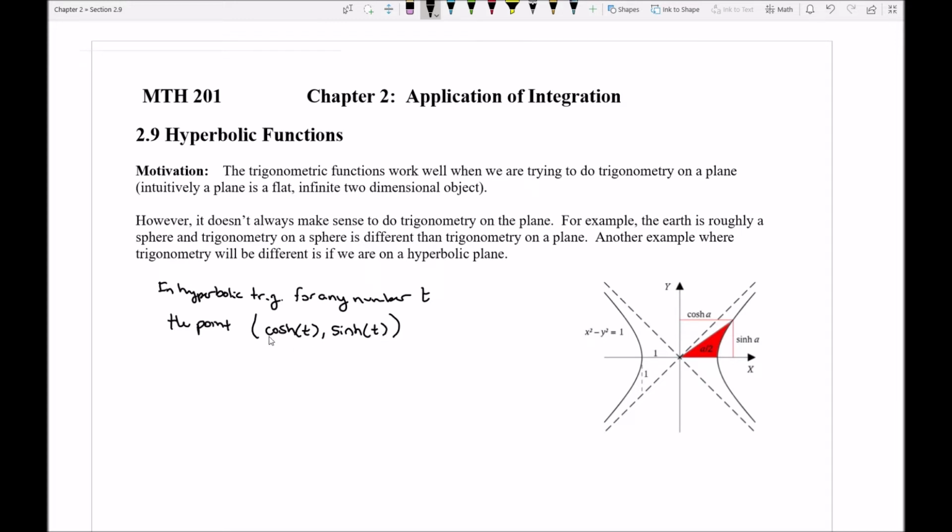Here I have something that looks like cosine but with an h on it. I refer to that as the hyperbolic cosine. Here I have a sine with an h on it. That would be the hyperbolic sine.